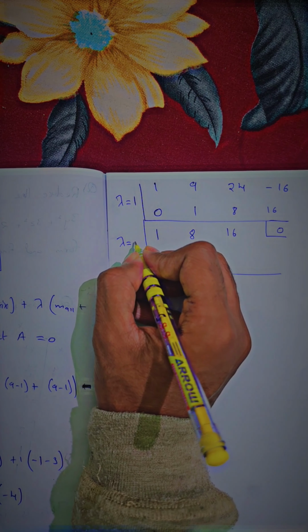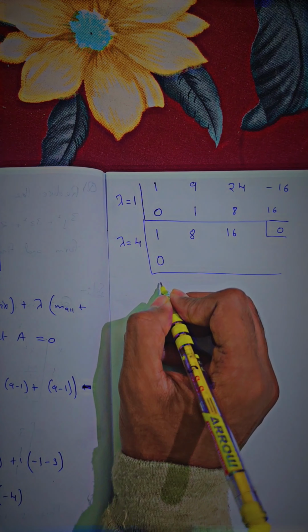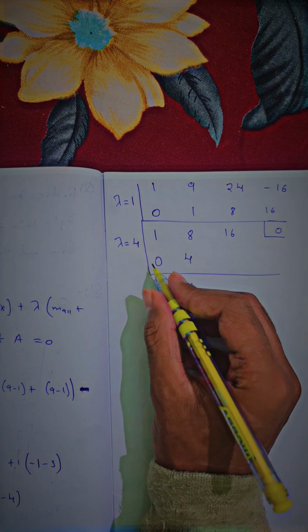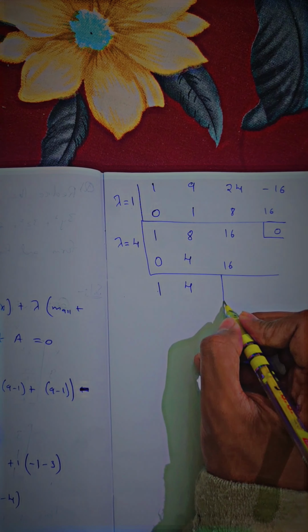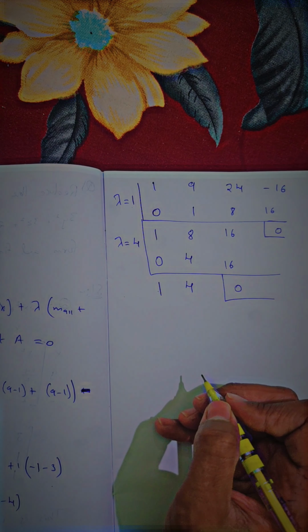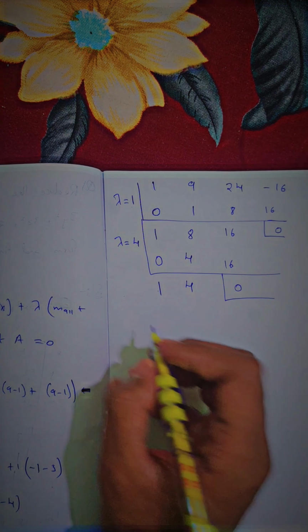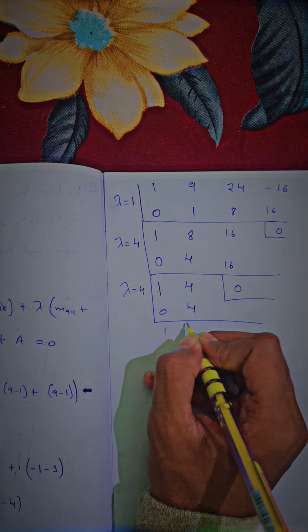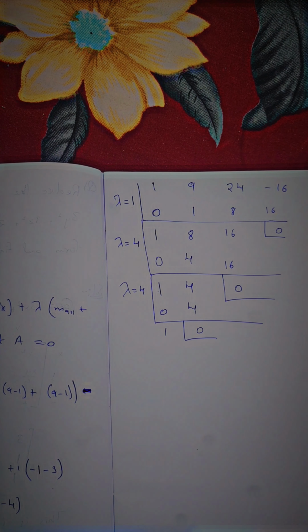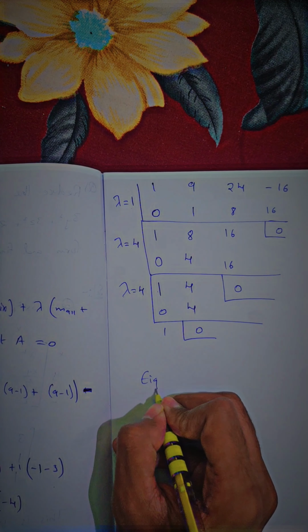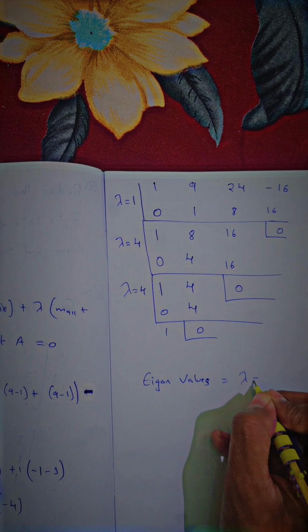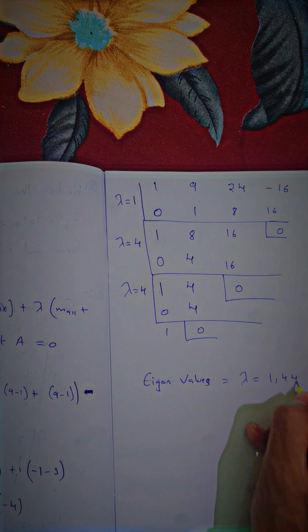Then let's take lambda value as 4. 4 ones are 4, 4 fours are 16, so this becomes 0. Now let's again take 4. Lambda is equal to 4, and this becomes 0. So eigenvalues are lambda is equal to 1, 4, 4.